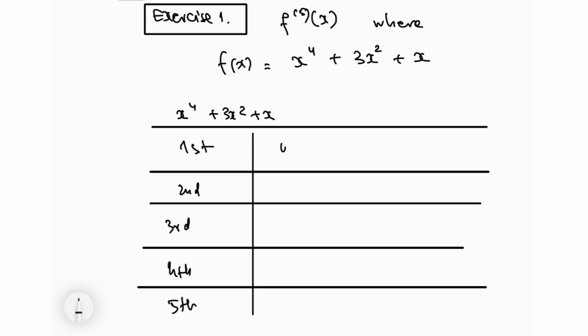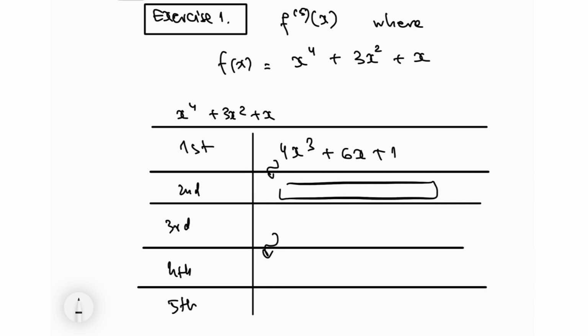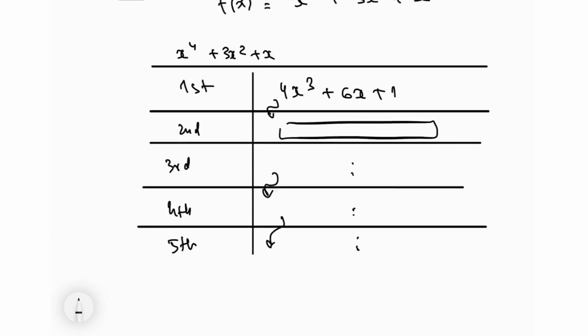So here that will be 4x cubed plus 6x plus 1. The second derivative is the derivative of this. Then you will get something, then you take the derivative, and so on. So that's your task. I just started it to help you a bit.